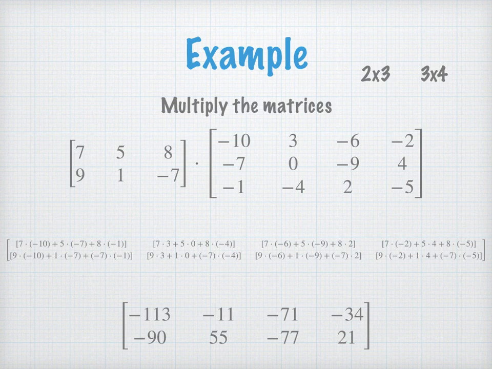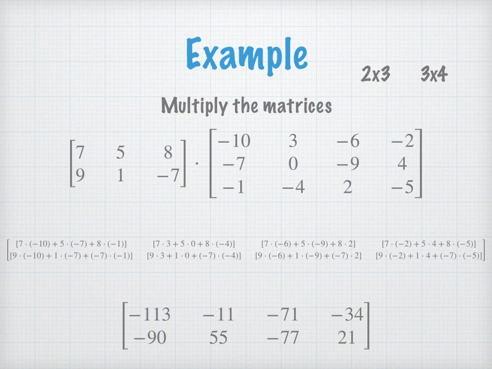So I will take 7 times 3, 5 times 0, 8 times negative 4, and add all of those together, and I'll get negative 11. So again, I was using the first row, second column. That gave me the answer that went in the first row, second column position.